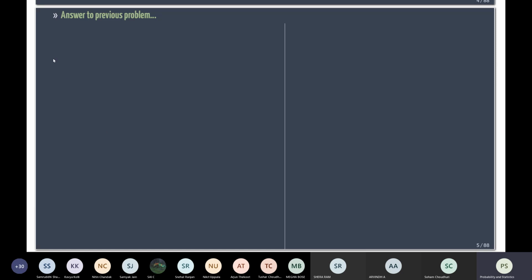Let us use this space to solve for this. So g(x) is 1 by x plus 1. Let us do the derivative. So g prime of x is minus 1 by (x plus 1) squared.